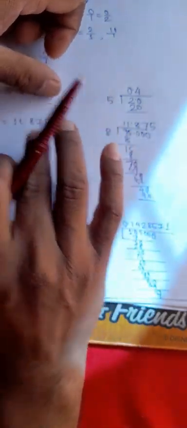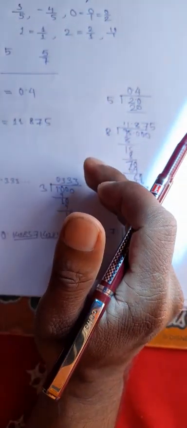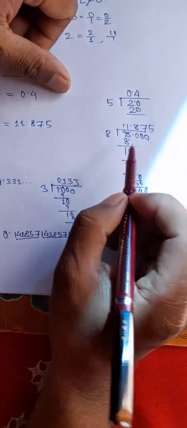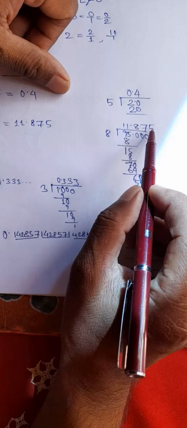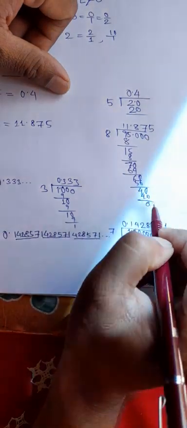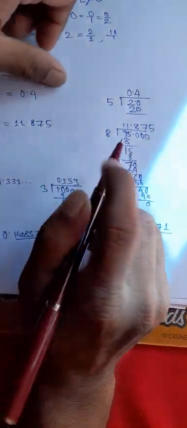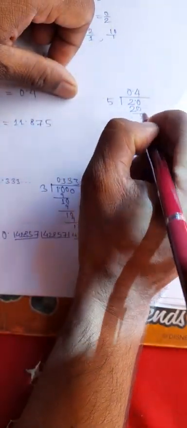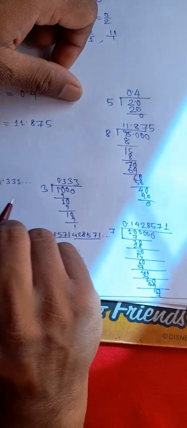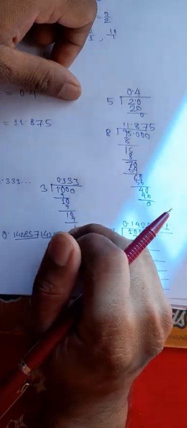Terminating means something which comes to an end. After 3 steps of decimal, the remainder becomes 0. Similarly here, after only 1 step, the remainder becomes 0, right? Here you see every time the remainder is the same.